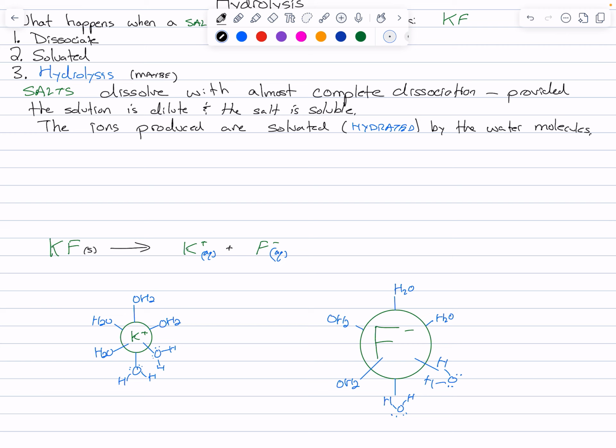Now, in some cases, the solvated ion may react with the water in a process called hydrolysis.